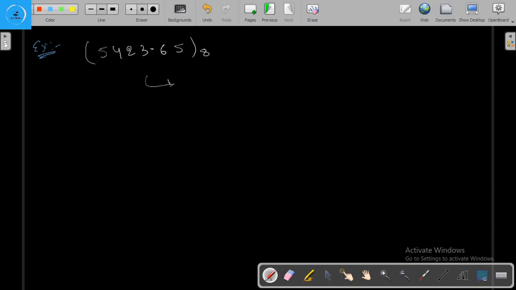Our question is to find the 7's complement and the 8's complement of the given number.